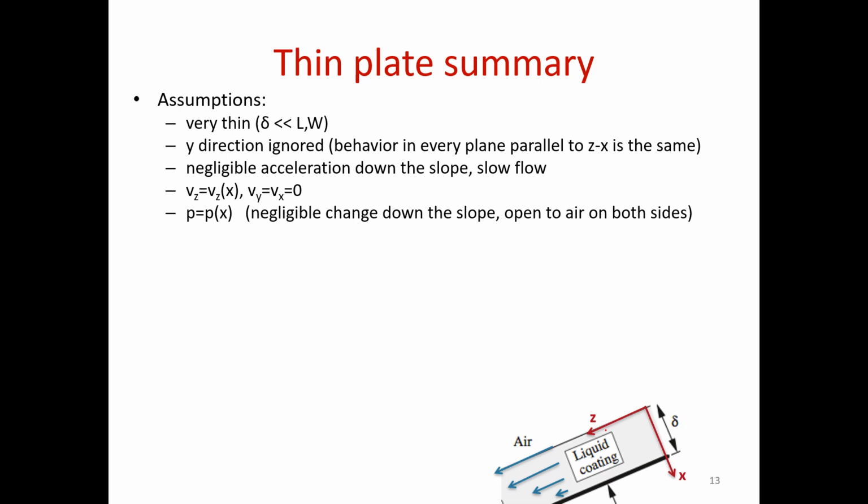So on one side, I have air, and if you think about it, it's sort of like mu of air times some derivative in velocity, right? And on the other side, I have mu of liquid times derivative of velocity. Typically, viscosity of air or gas is at least an order of magnitude lower than that of liquid.